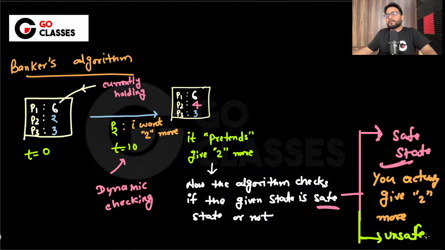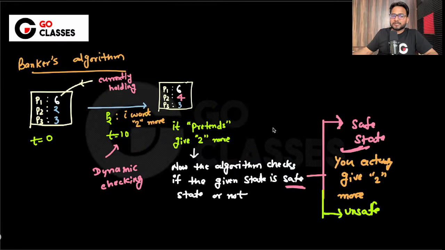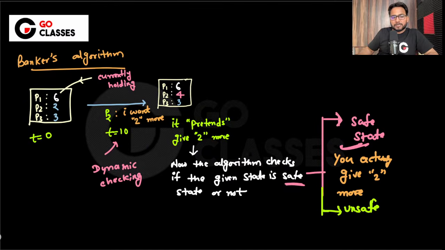In that case, the resources will not be given. The reason I will just tell you. So in this case, those two more will not be given. You can say request declined. And here the request is granted.